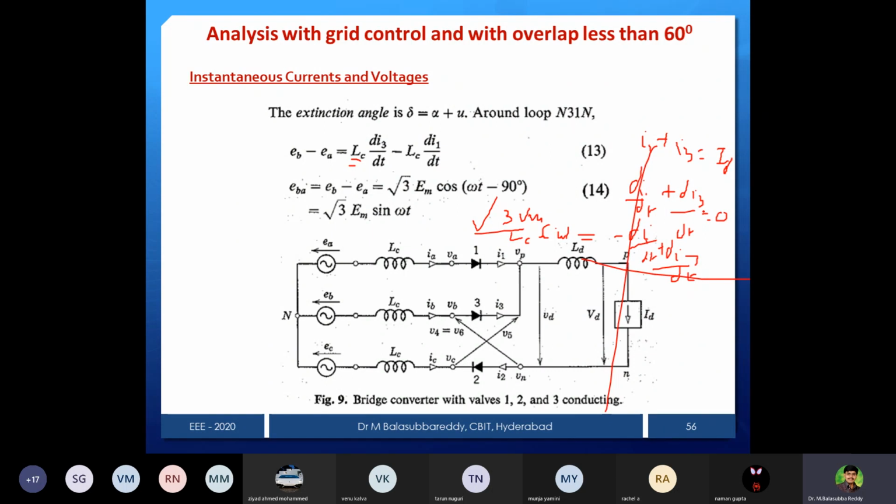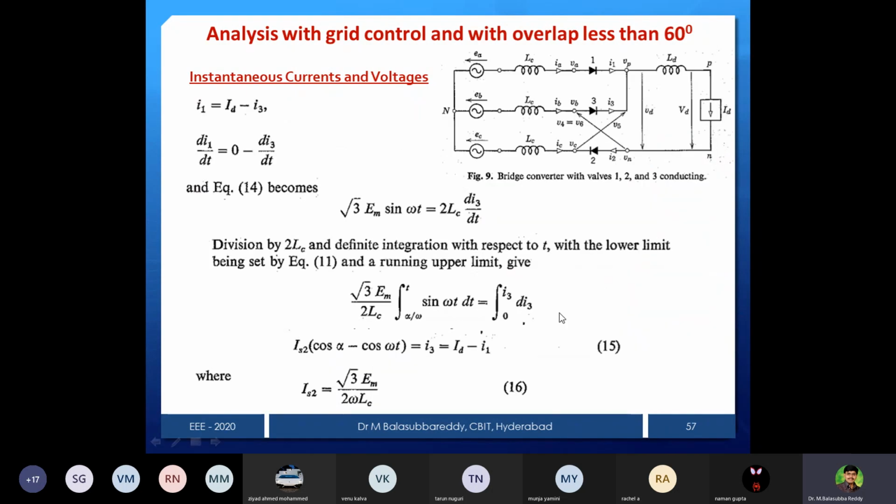Then what will happen, di3 by dt plus di3 by dt, 2 di3 by dt, is equal to root 3 Vm by LC into sin omega t, and substitute the limits, we'll get it directly. That's what I mentioned here.